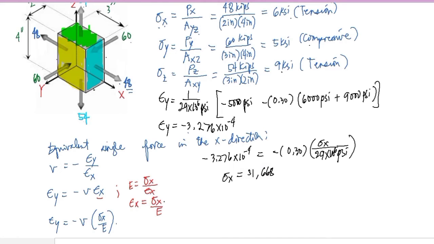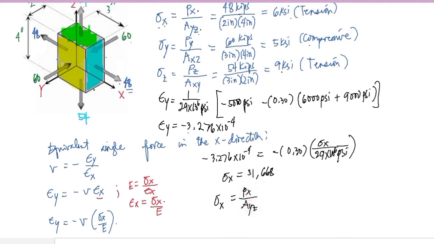And since we have the stress in X here, we know that the stress in X is Px over the area YZ.